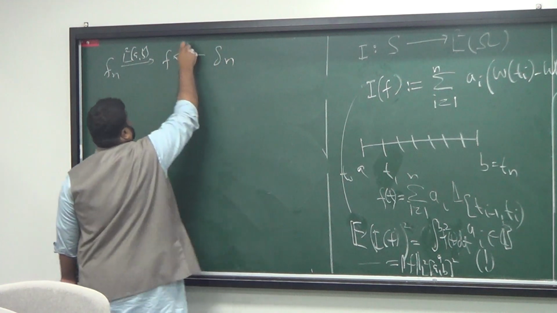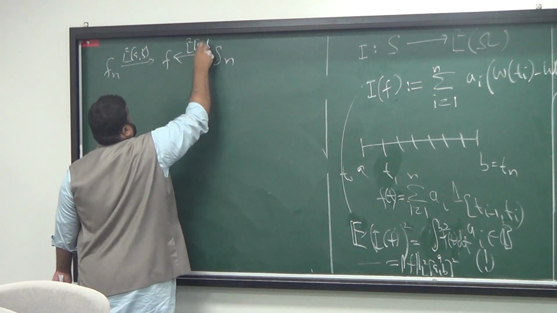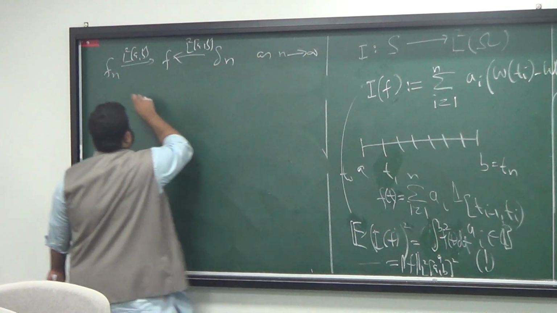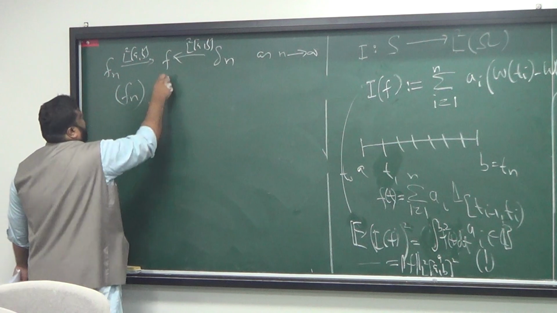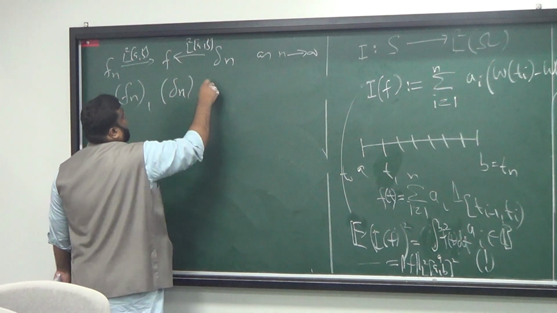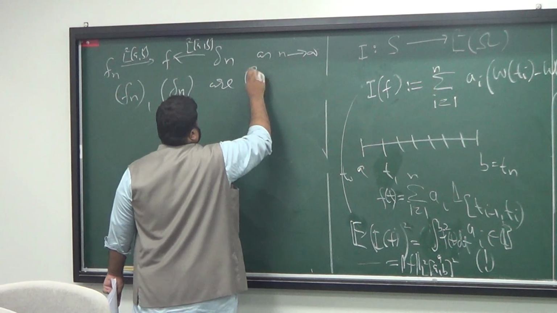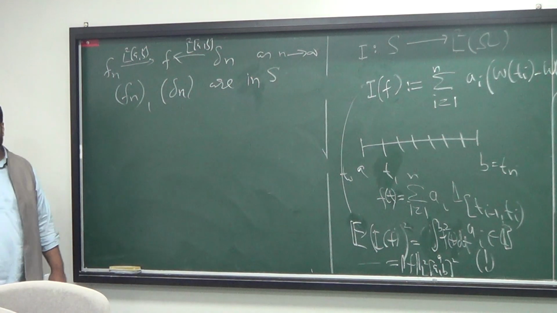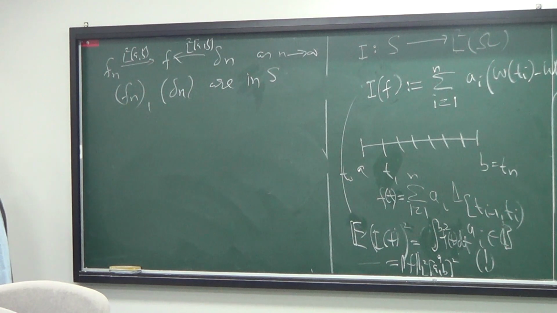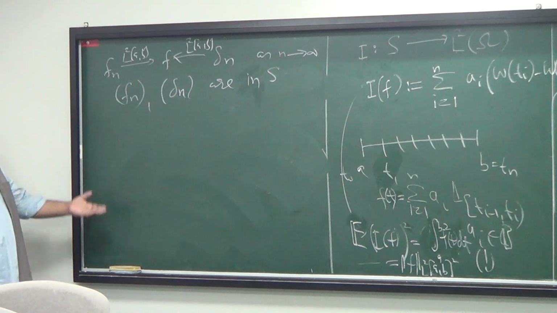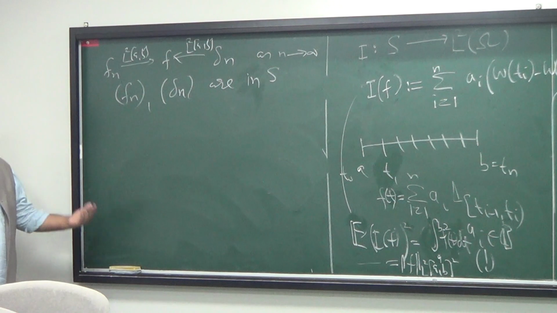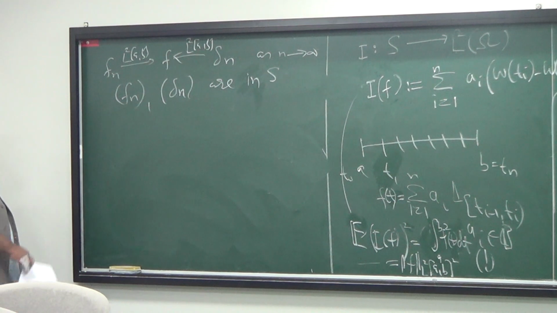So you have another sequence gn that approximates f in L2(a,b) as n goes to infinity, and obviously I'm assuming that fn and gn are sequences of step functions. The question is whether fn and gn are either identical or can be brought as close as you want.